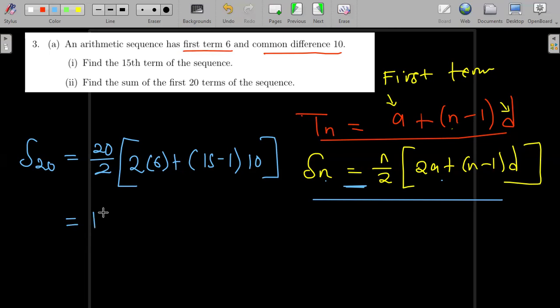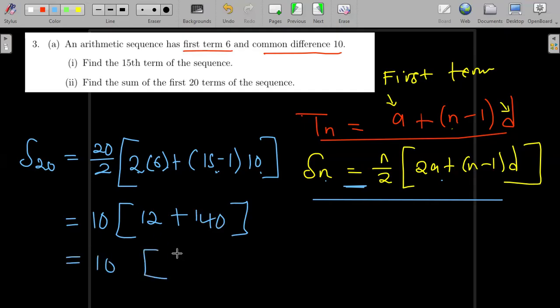So this will be 10 outside, and inside it will be 2 multiplied by 6, which is 12, plus 14 multiplied by 10, which is 140. So we have 10 and inside we get 152.